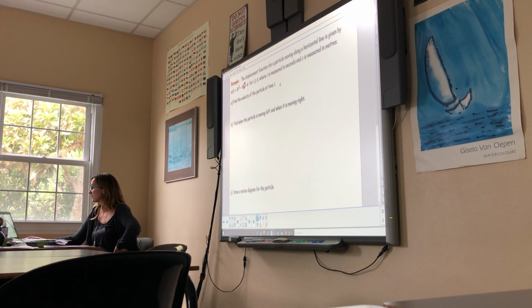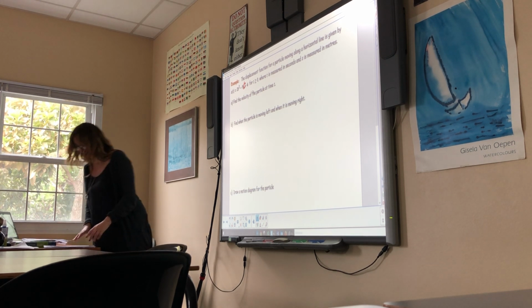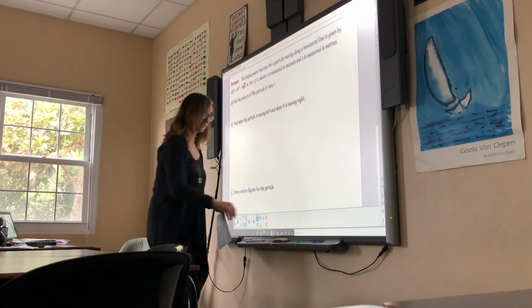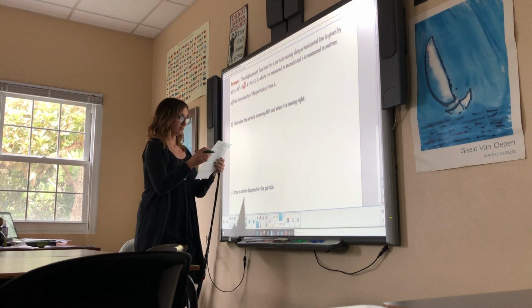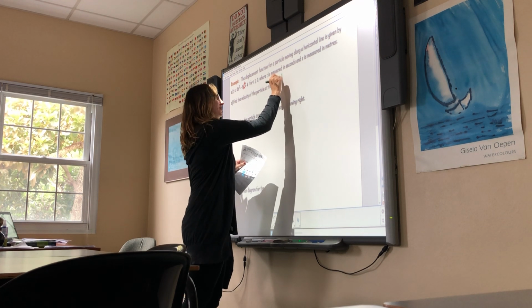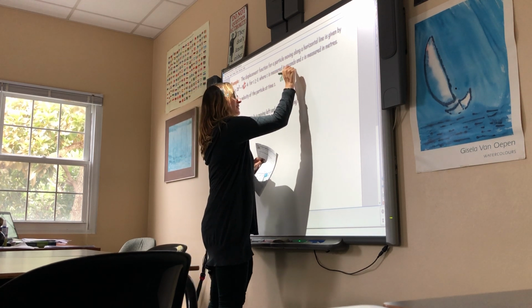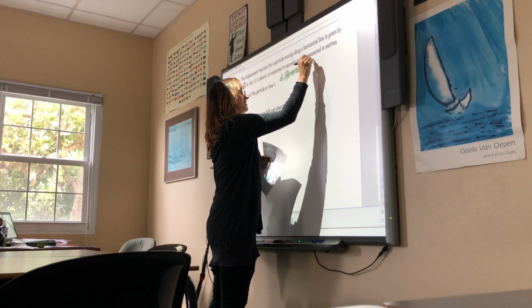Find the velocity of the particle at time t. Do we need to integrate or differentiate? Differentiate, good. Now that we know more things, it's harder to know what to do. So we differentiate S of t.